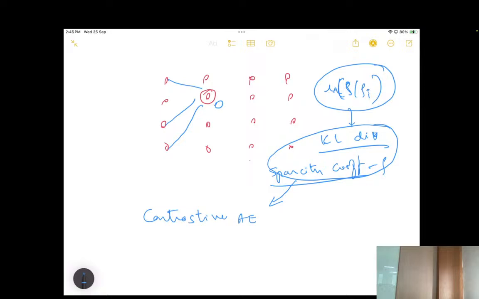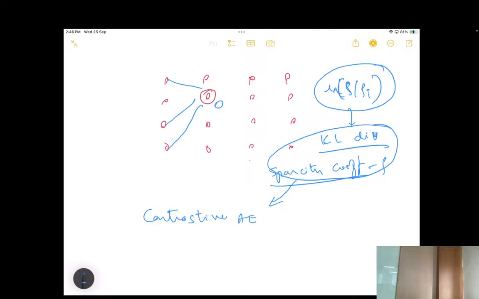What is the meaning of contrastive loss? I reconstruct the input and I give a variant of the input. So I maximize the difference between the noisy input I give and the reconstructed input.